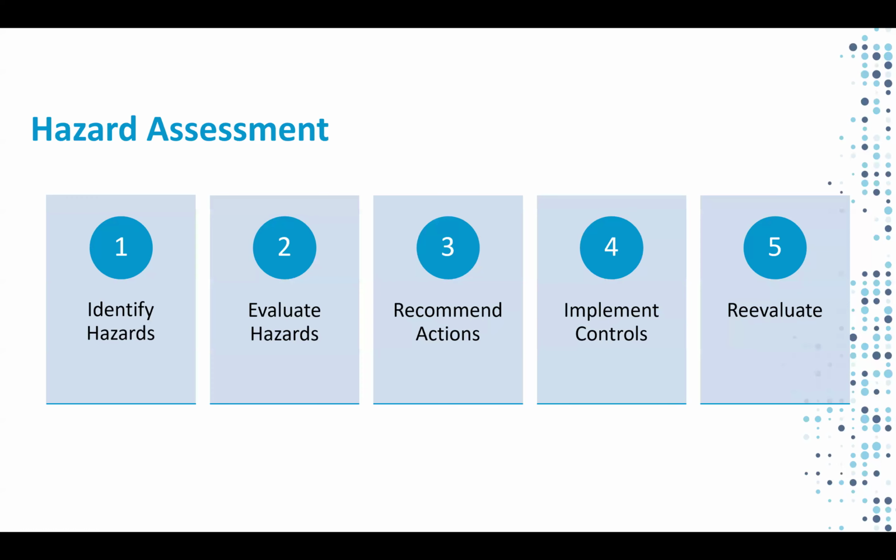You're going to have to identify your hazards, evaluate them, recommend some actions. Of course, respirator use should be your very last line of defense. It's a type of personal protective equipment. So for any of those inhalation hazards where you see an overexposure, you're going to implement controls, and if there's residual exposure, that's when you're going to implement the use of respiratory protection.